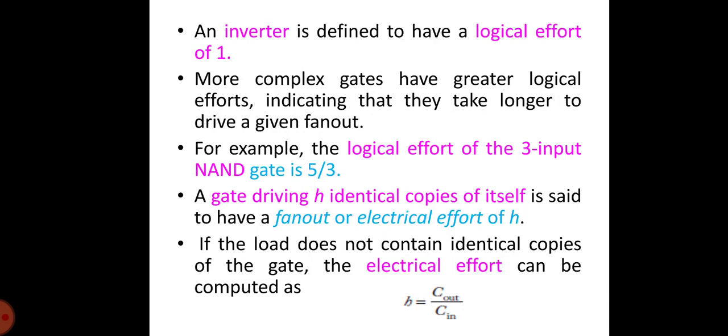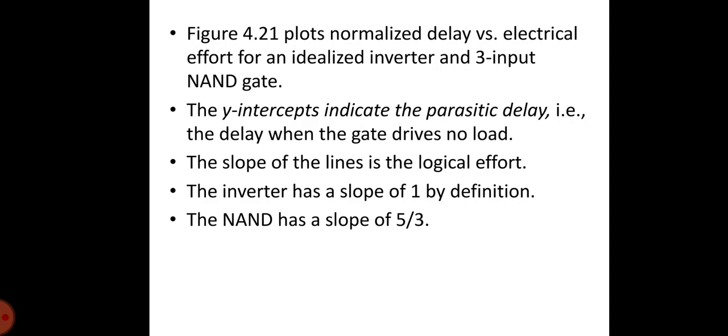For example, the logical effort of the 3-input NAND gate is 5/3. A gate driving h identical copies of itself is said to have a fan-out or electrical effort of h. If the load doesn't contain identical copies of the gate, the electrical effort can be computed as h equal to C out divided by C in, where C out is the capacitance of the external load being driven and C in is the input capacitance of the gate.